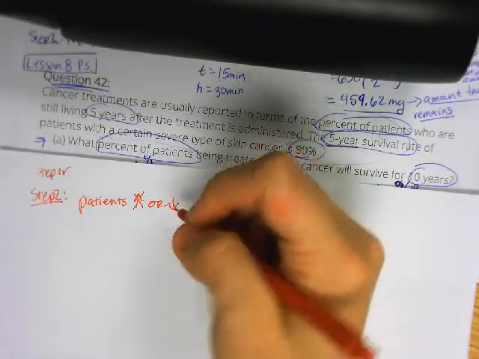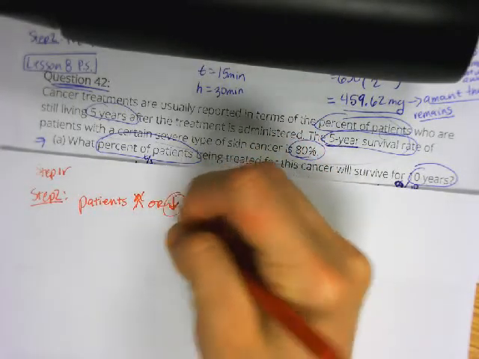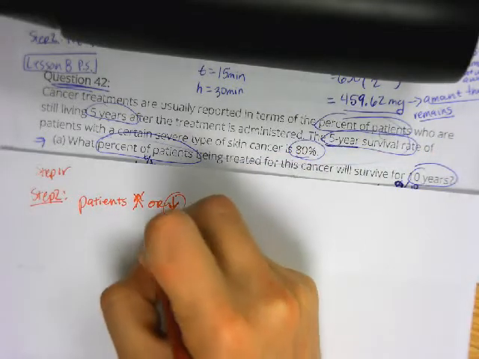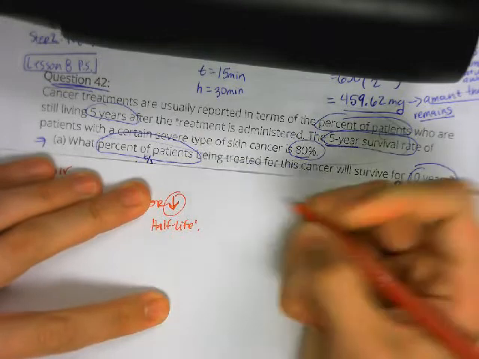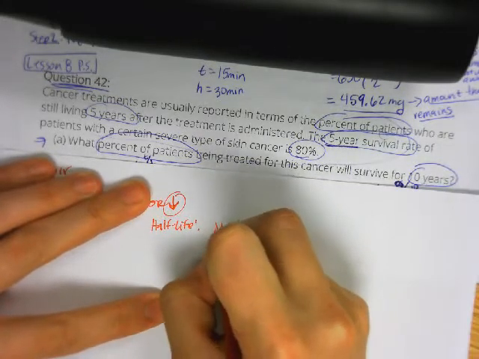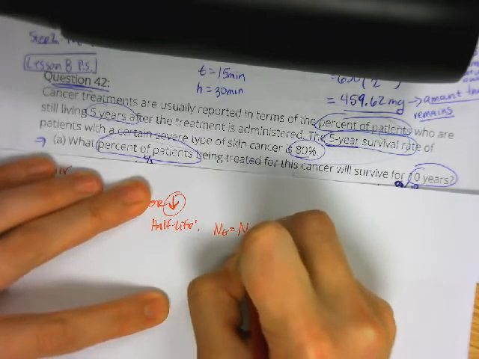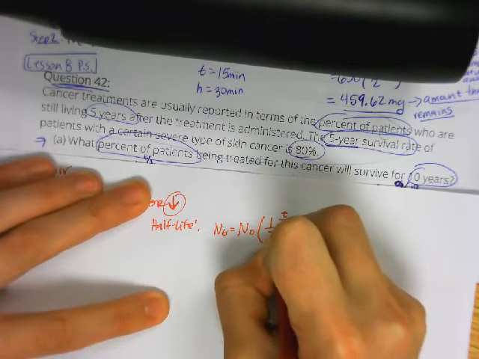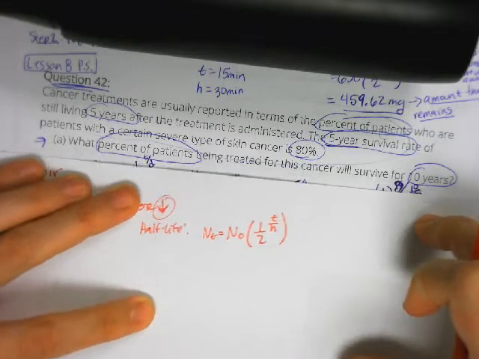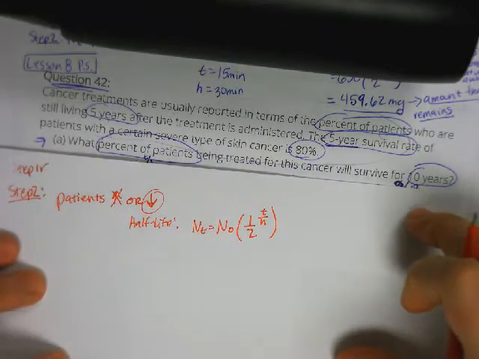It's not growing at an exponential rate. The number of people who are surviving is going down. So I'm going to use my half-life equation. That equation is NT equals N0 times 1/2 to the T divided by H. Okay?